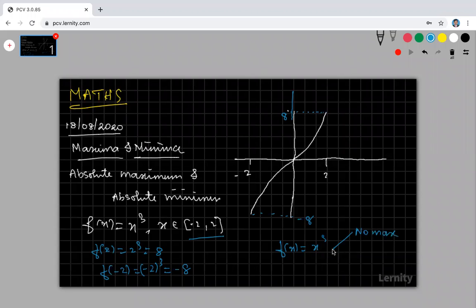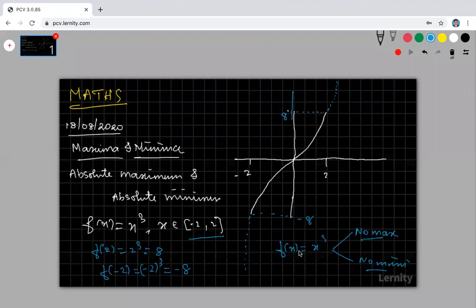This curve goes on up to infinity, and here it is also going up to infinity. So the minimum value is minus infinity and the maximum value is plus infinity. It approaches infinity, therefore no maximum, no minimum.